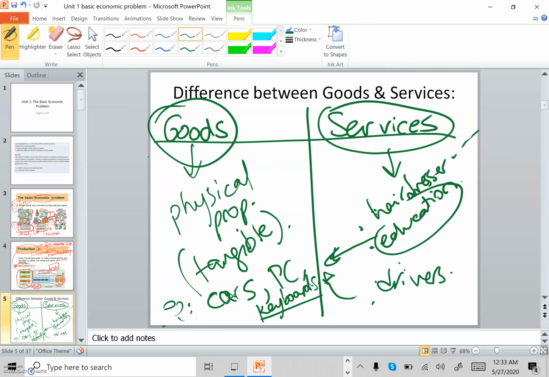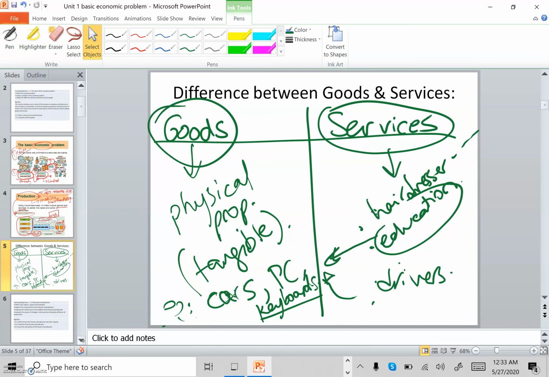Education, I am teaching you, this is a service. But when I am using the book or the laptop or whatever it is, the laptop or the book, they are considered goods. Drivers, they are providing you a service, but the car itself is the good.